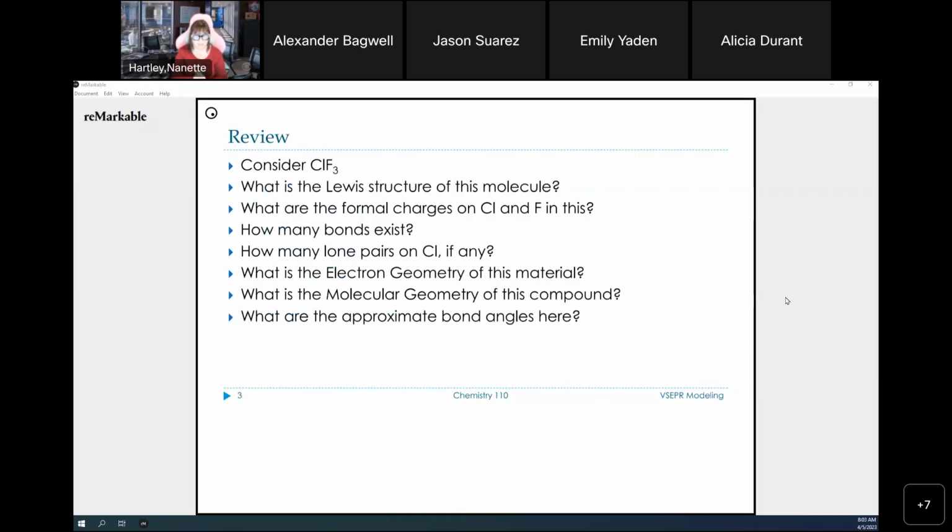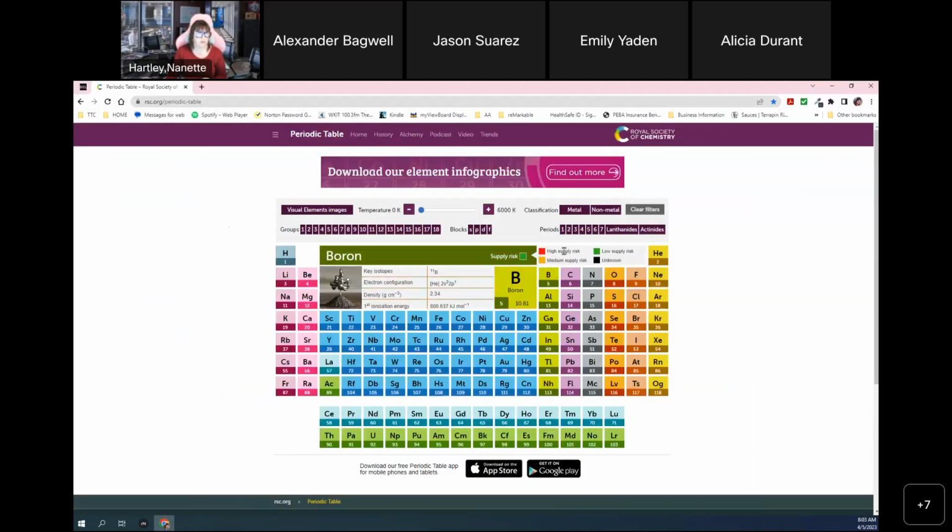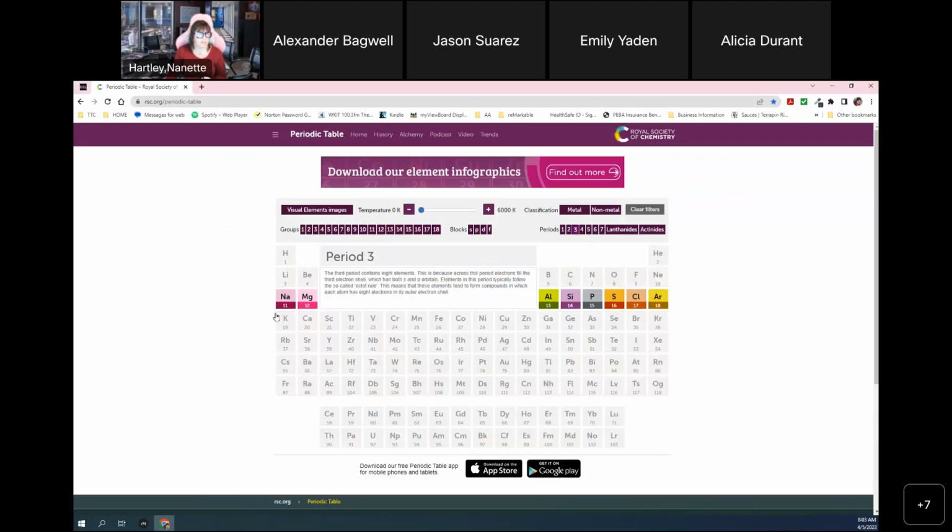So if we want to talk about ClF3, that molecule contains 1 chlorine and 3 fluorines. And if we want to draw a Lewis structure for that molecule, we need to look at the number of valence electrons that are present on both of those species. So if we look at the chlorine, we know that he's here. And so in that row, we see that he has 1, 2, 3, 4, 5, 6, 7 electrons in that outermost row. So he has 7 valence electrons. Okay.